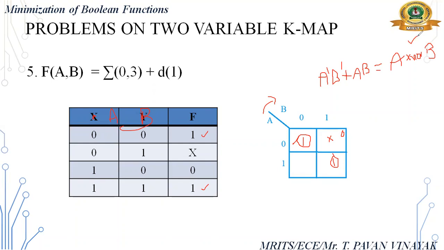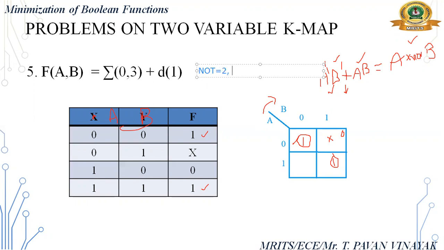Here we required only a single gate, but we have to use basic gates. If you want to build this circuit using basic gates, what are they? AND, OR and NOT. Here how many AND gates are required? Two AND gates, one OR gate, and also two NOT gates. So NOT gates 2, right?